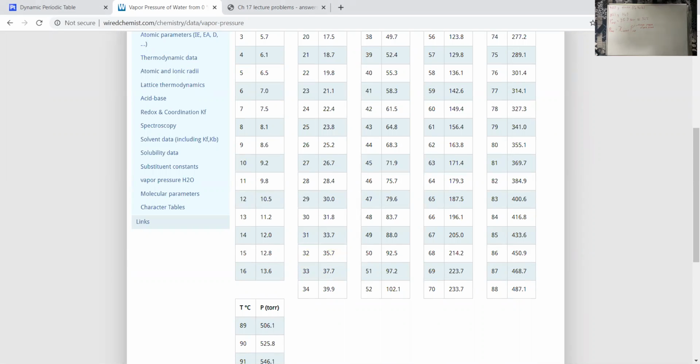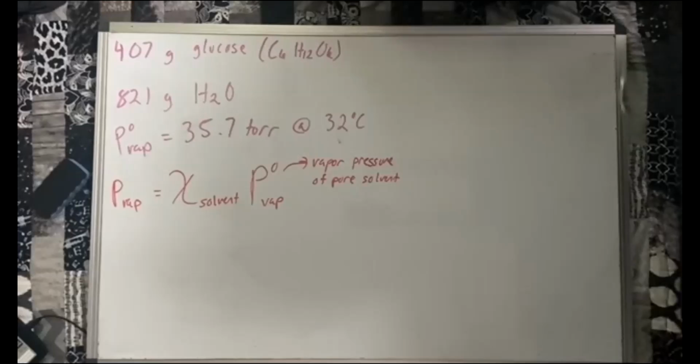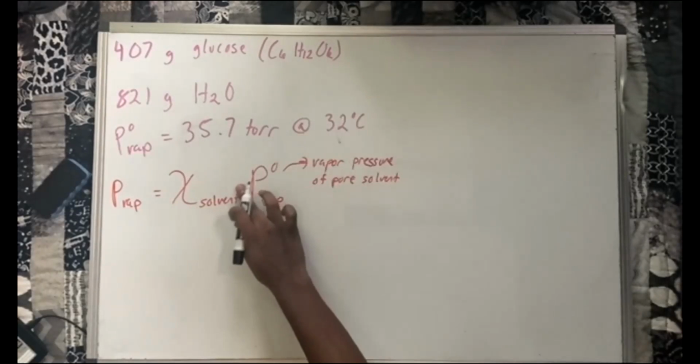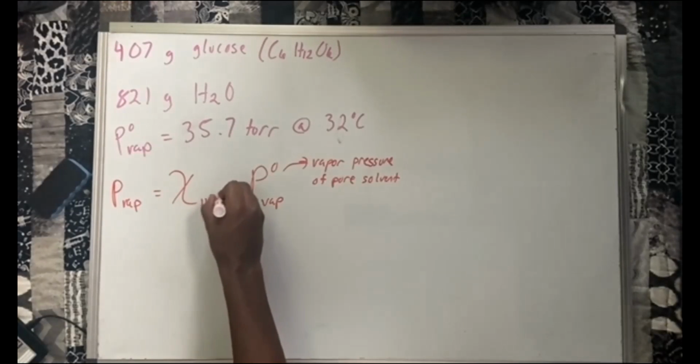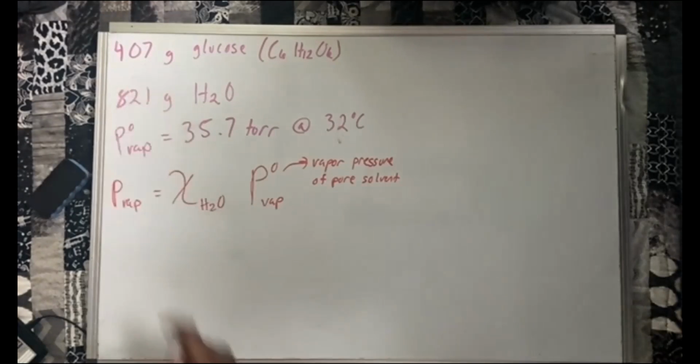Okay, so now we have that. So now we are ready to roll. First things first, mole fraction. So for my mole fraction of solvent, in our case it's H2O, that's the one that's the majority of the solution.